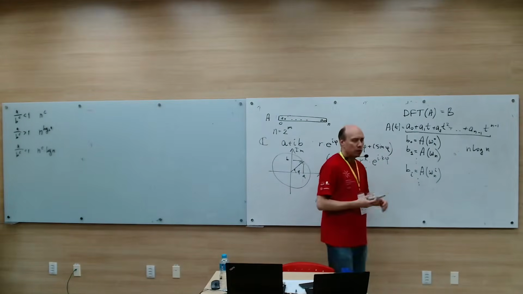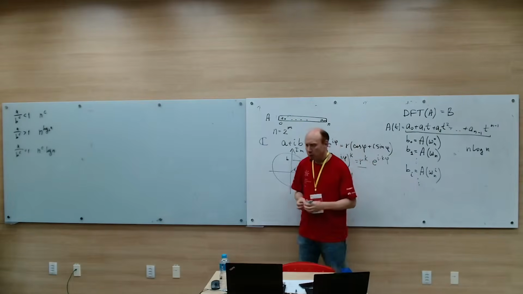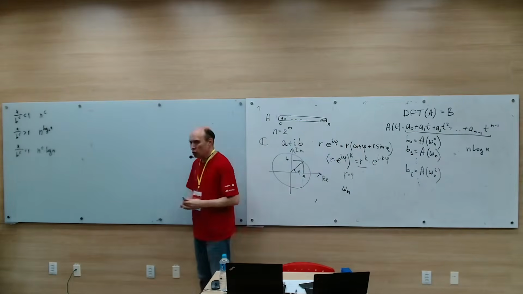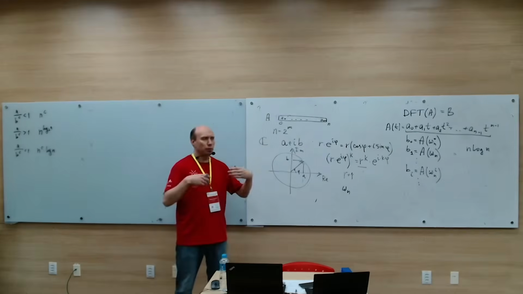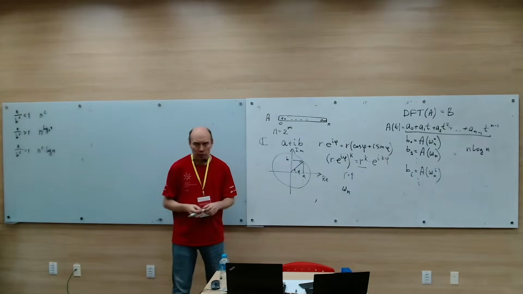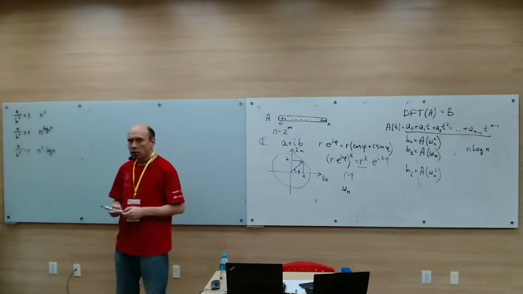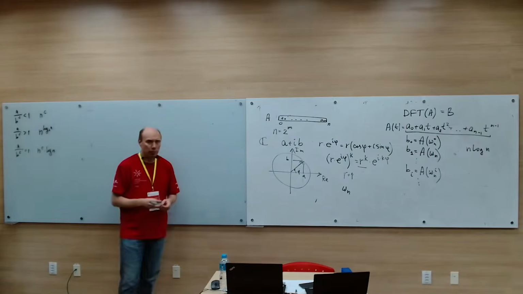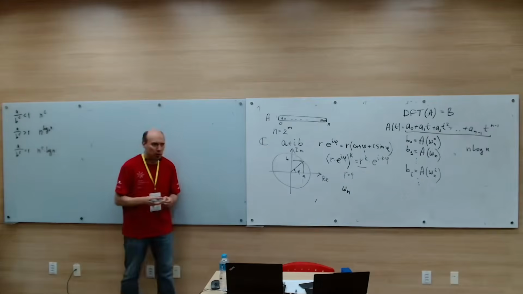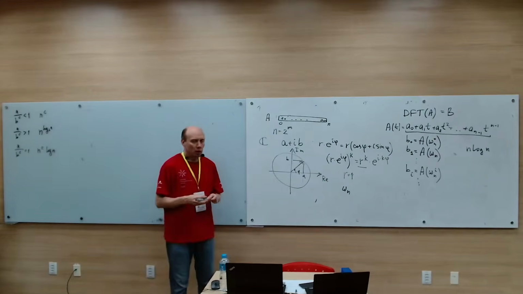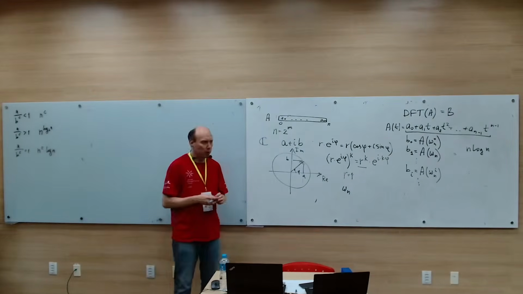So let's see the benefit of such a representation of a polynomial. Let's start with the most primitive application of DFT, which is number multiplication. I already know Karatsuba's algorithm for number multiplication, and what we have now is FFT for number multiplication.